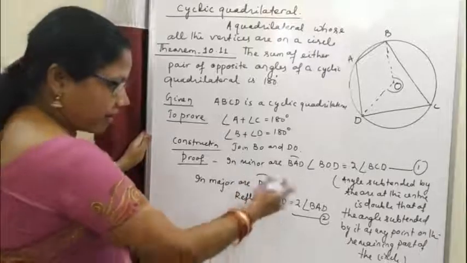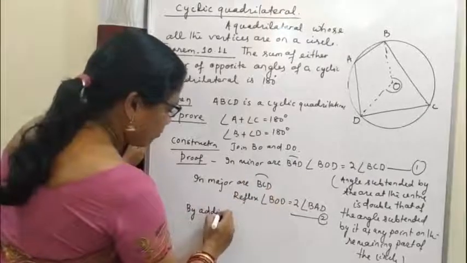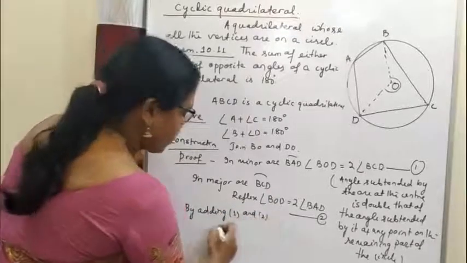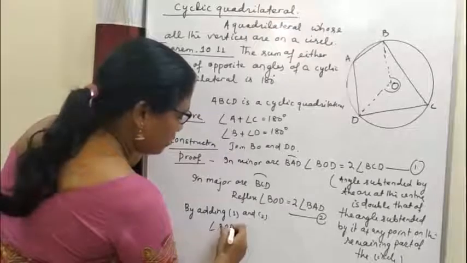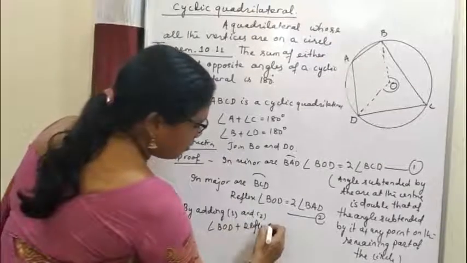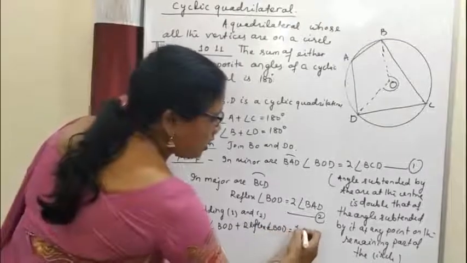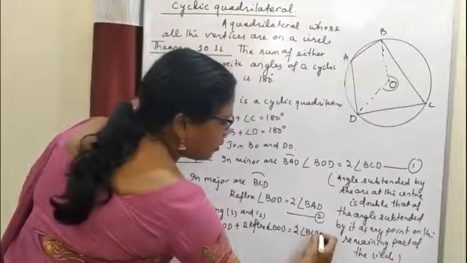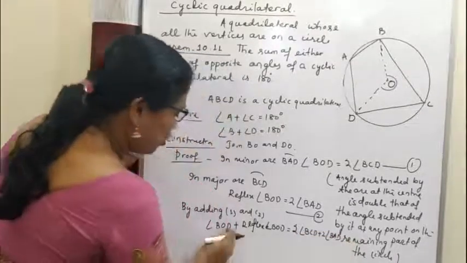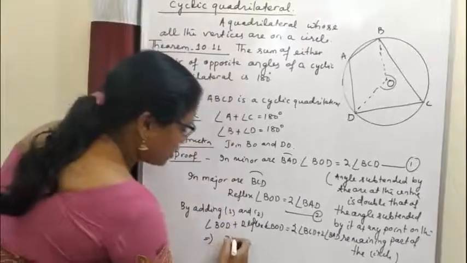So by adding 1 and 2, angle BOD plus reflex angle BOD is equal to twice of angle BCD plus twice of angle BAD. So we know angle BOD plus reflex angle BOD is equal to 360 degree.